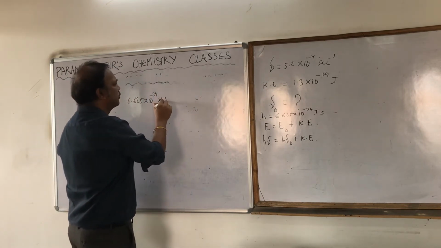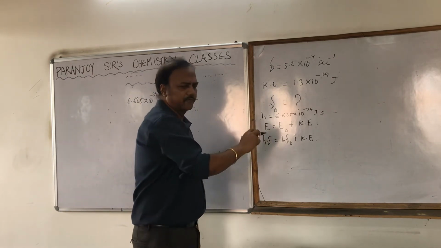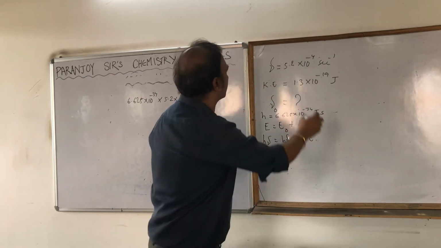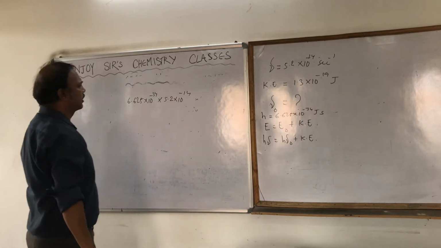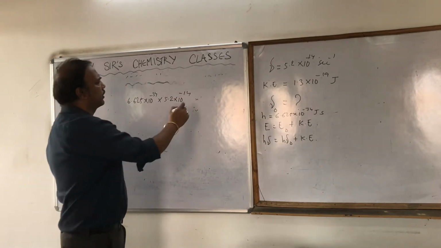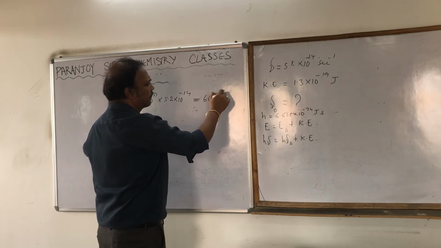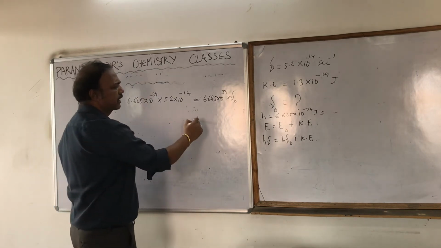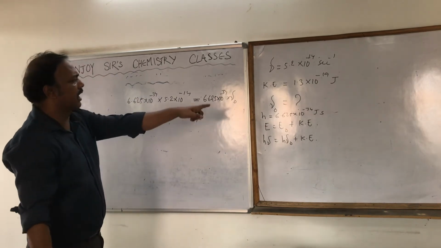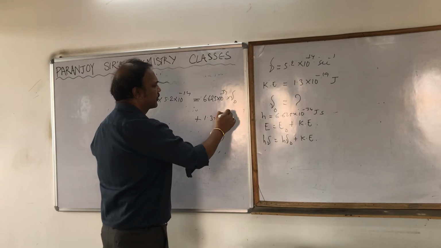It's 5.2 into 10 to the power 14, not minus 4, it was 10 to the power 14. So h nu should be equal to h nu 0 plus kinetic energy: 6.625 into 10 to the power minus 34 into nu 0, plus kinetic energy. The kinetic energy's value is already given: 1.3 into 10 to the power minus 19.